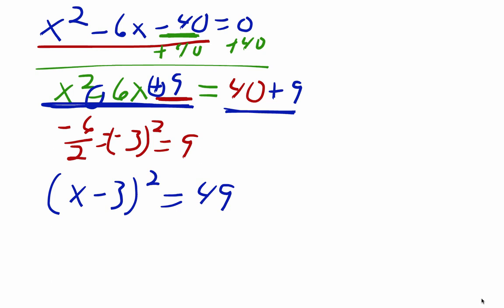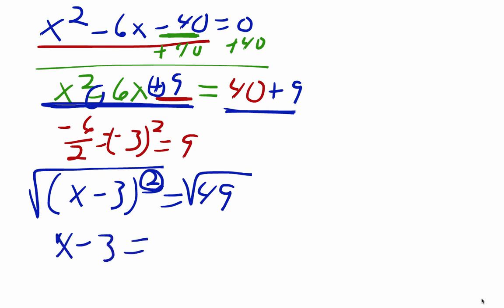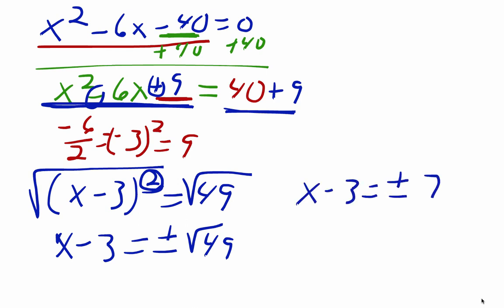So if I take the square root of this side and the square root of that side, the square root and the 2, the square, cancel each other out, so I just have x minus 3. And I remember from the very first couple pages, plus or minus the square root of 49. Now write the rest over here then. So x minus 3 equals plus or minus square root of 49, which is 7.